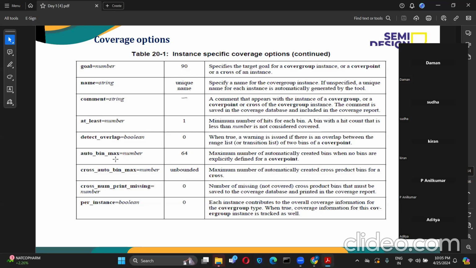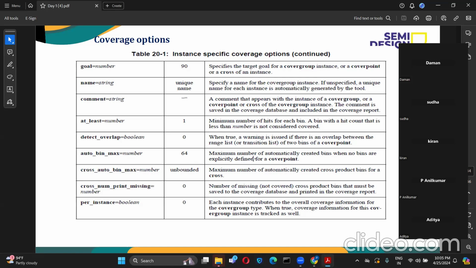For example, for 3 down to 0, it will take 16 combinations, 0 to 15. But if you want to limit the implicit bins explicitly with some variable, there is an option, auto_bin_max. That day you asked me what it will take by default if we don't mention any value. The maximum number we can give is 64. That I wanted to tell you.